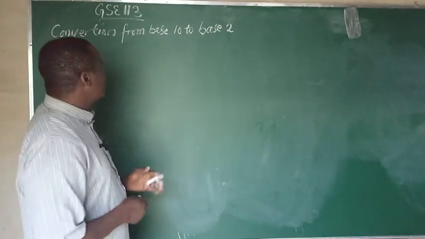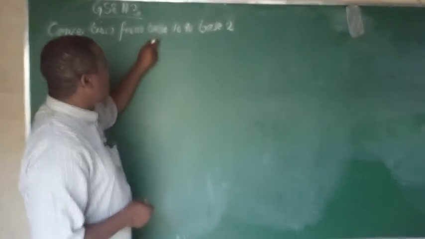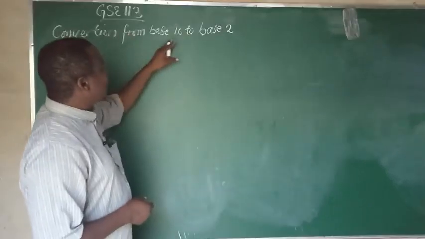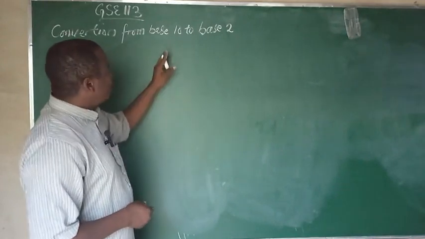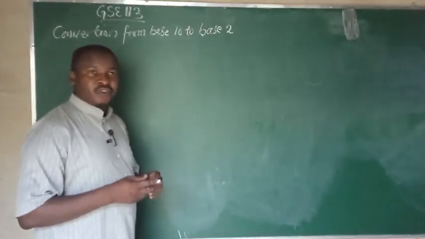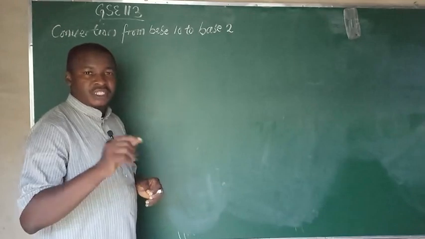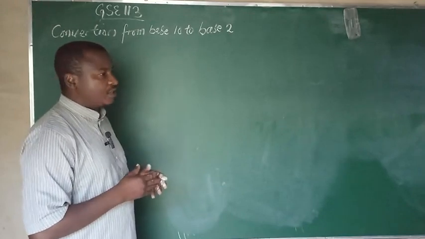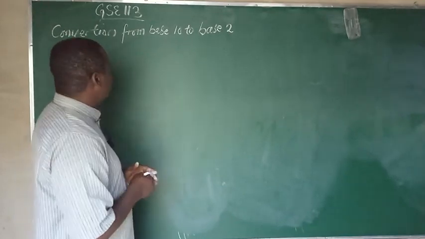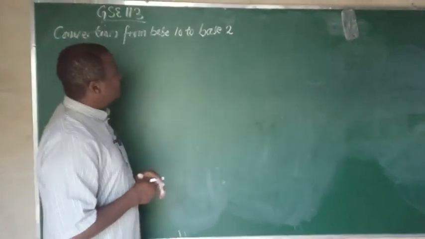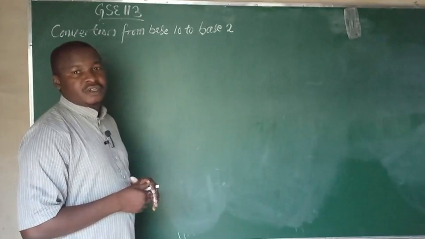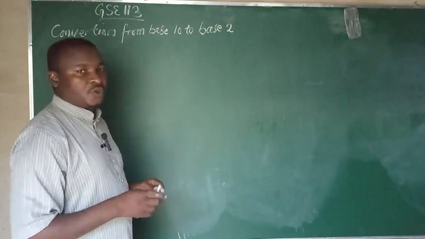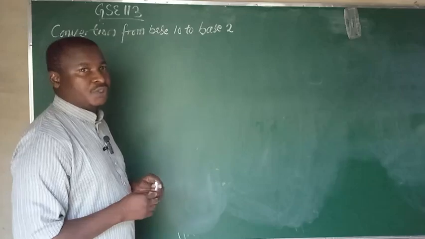In this case, we are going to discuss conversion from base 10 to base 2. Conversion from base 10 to base 2 is done by what is called repeated division. Repeated what? Division. As against the last lecture where conversion from base 2 to base 10 was done by successive multiplication. So under this, we have some questions to solve.